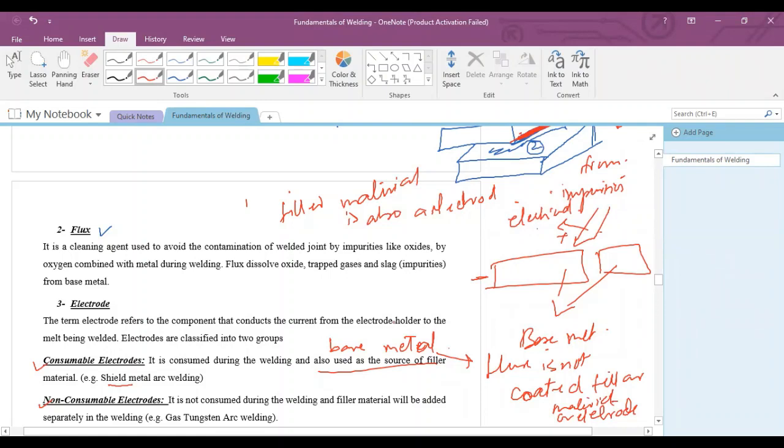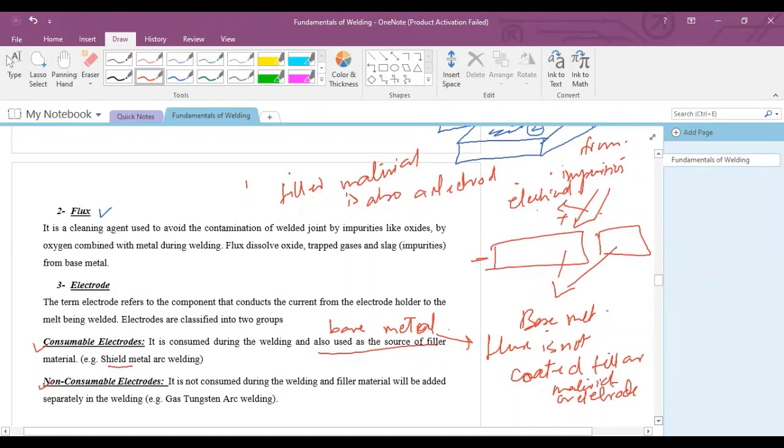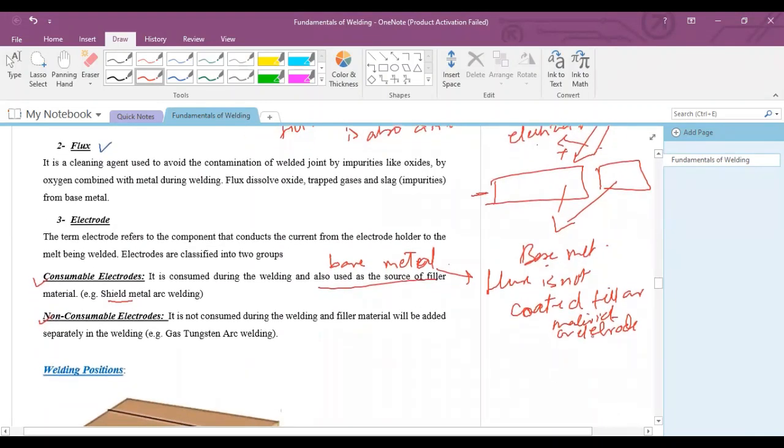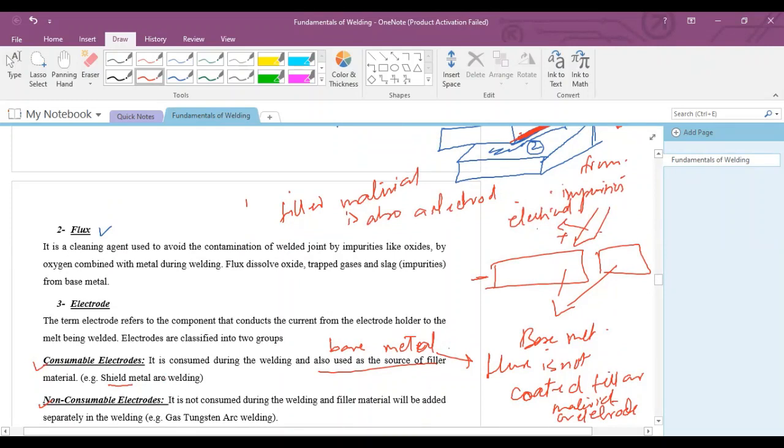A bare electrode doesn't contain any coating, so in that case we provide a shielding gas, and this shielding gas will protect the electric arc produced between the electrode and the base metal. It will also save the molten base metal from forming oxides. Shielding gas is used if we use a bare electrode.